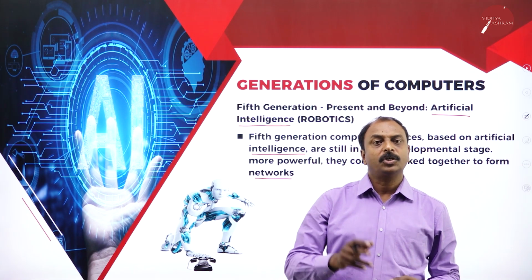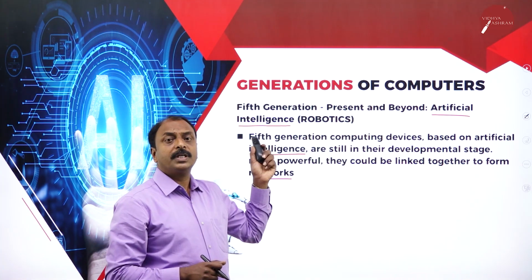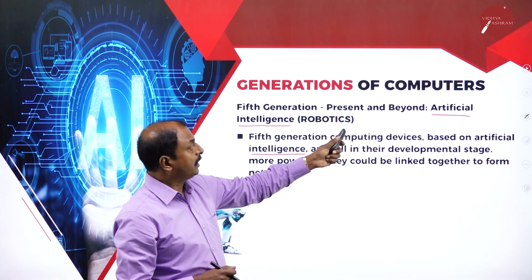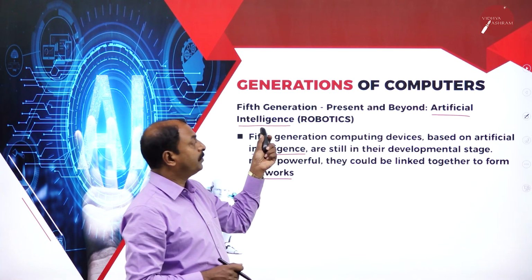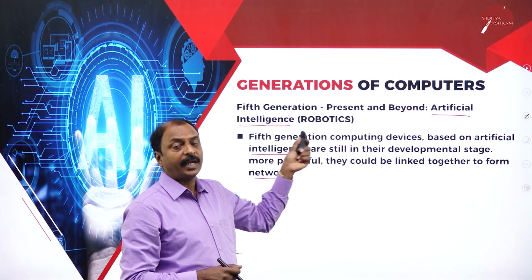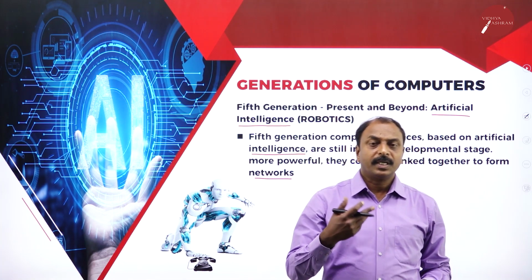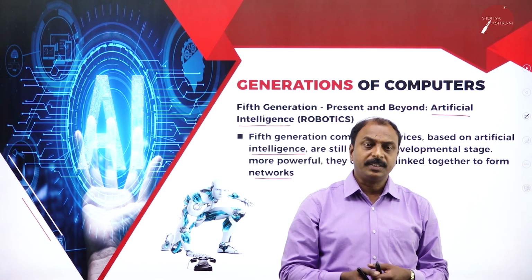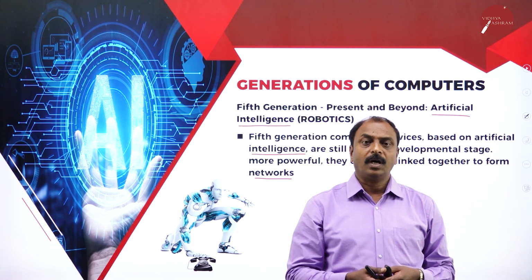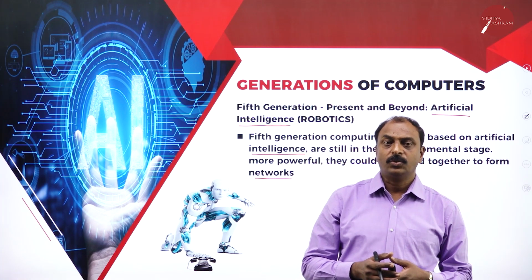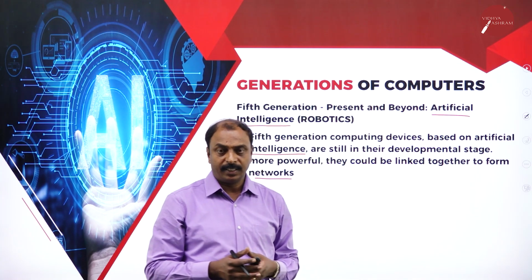It depends on human instruction. So what is the fifth generation of computers? It is with the concept of AI. Here, what is AI? It is nothing but we are making a computer or a machine to work like a human being or to think like human beings. So that is the concept of AI.